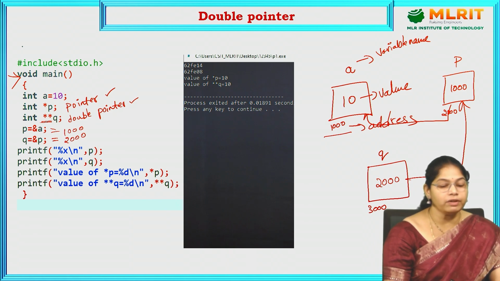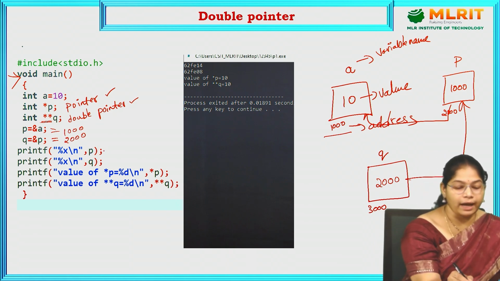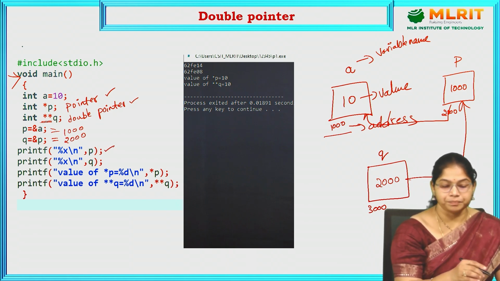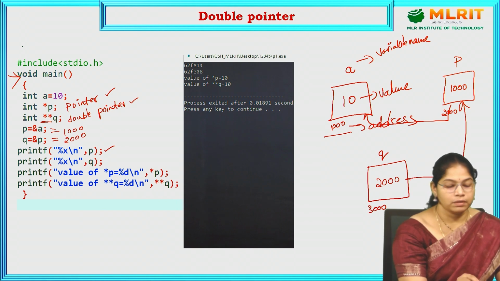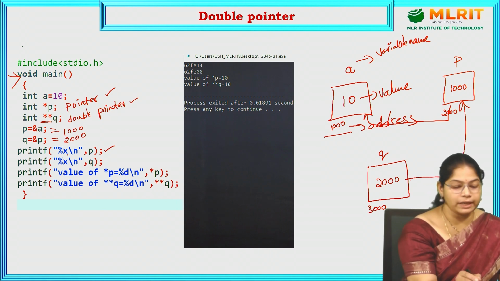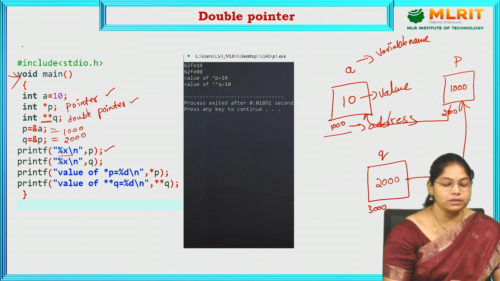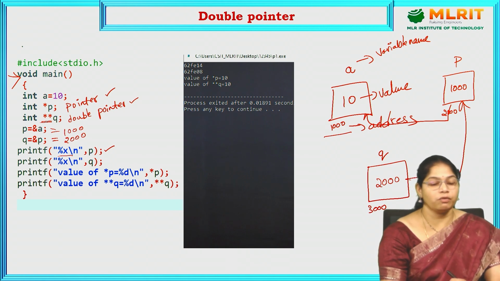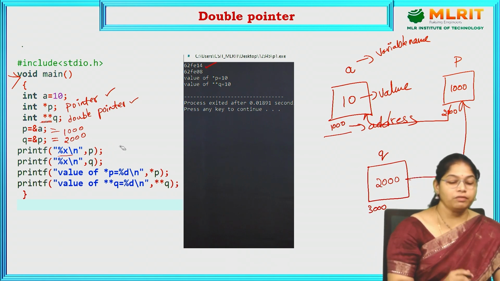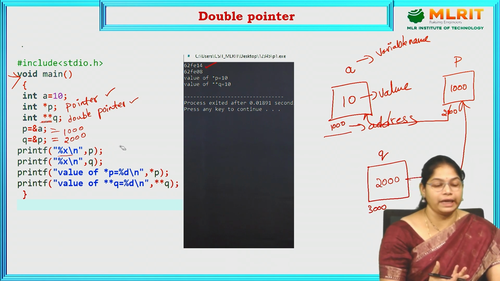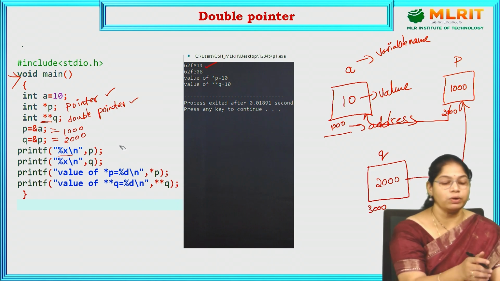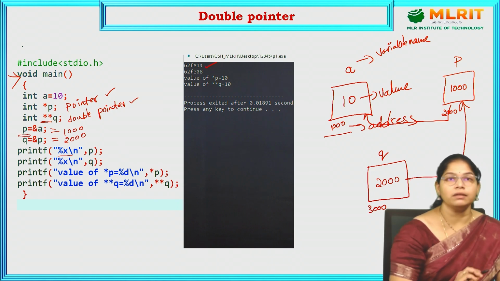Then printf: if I want to print the address of a, percentage x, used here because the address is in the form of hexadecimal. The address of a is stored in the pointer variable p.